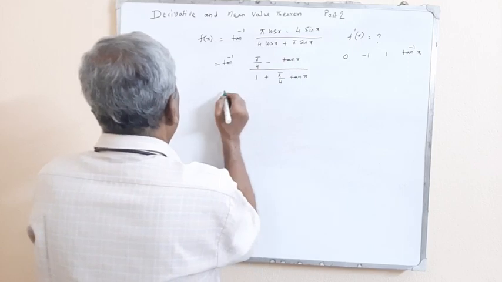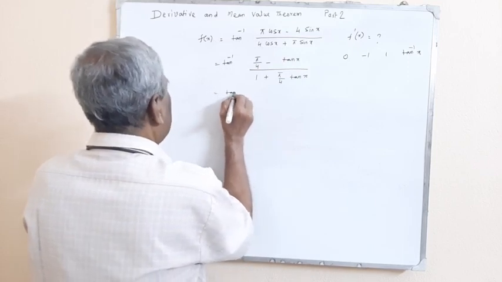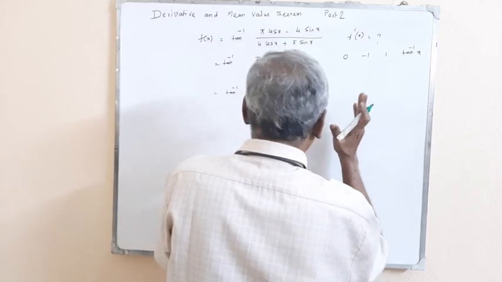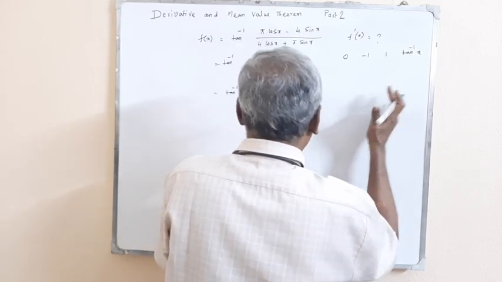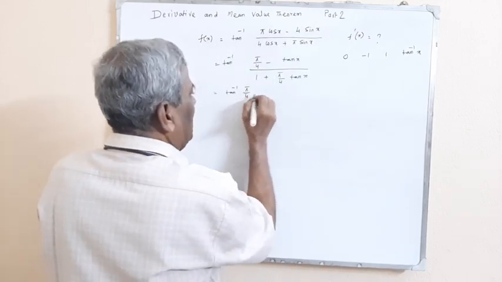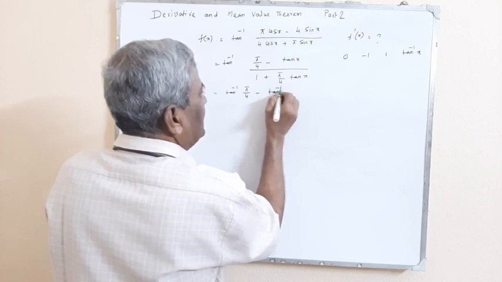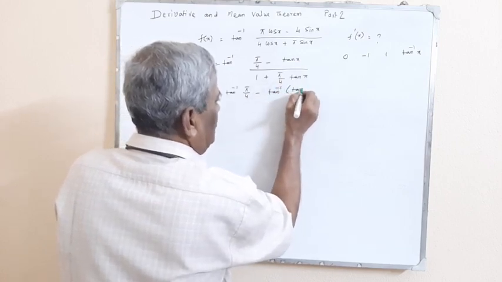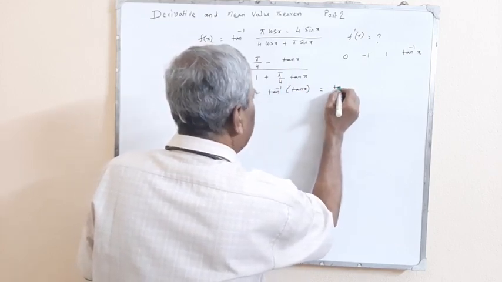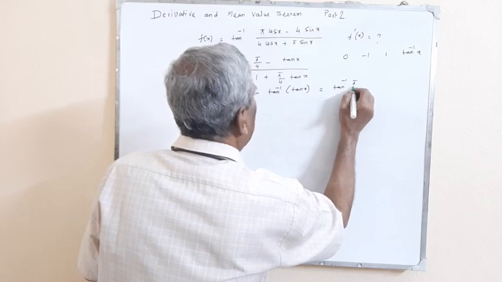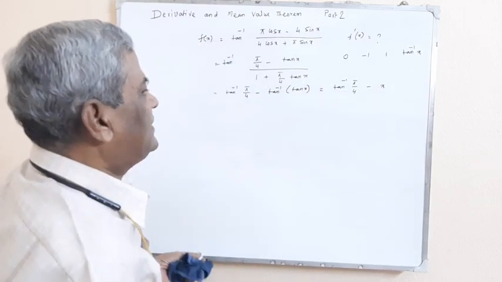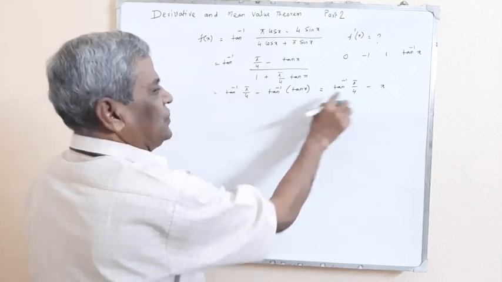So it is equal to tan inverse of (a minus b) by (1 plus ab), which is tan inverse a minus tan inverse b. So keep it intact: tan inverse pi by 4, which is a constant, minus tan inverse tan x, which is x, so that f(x) is equal to that.